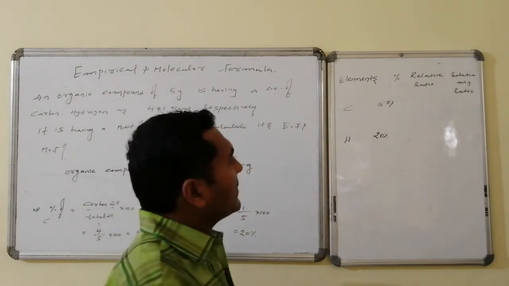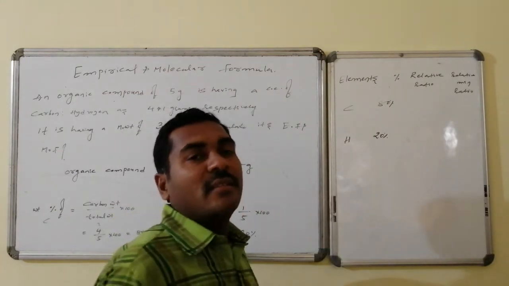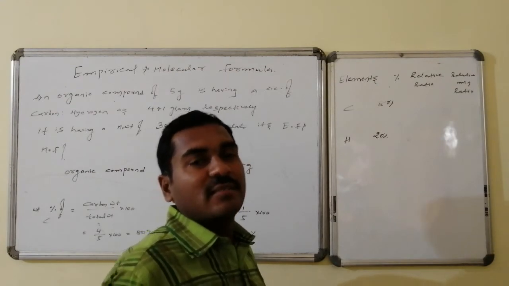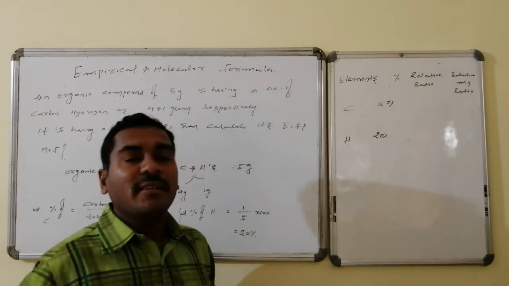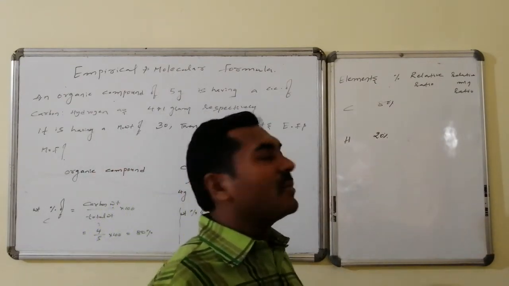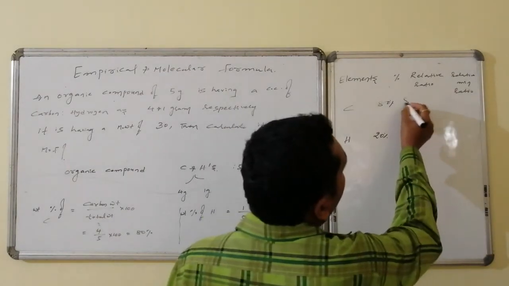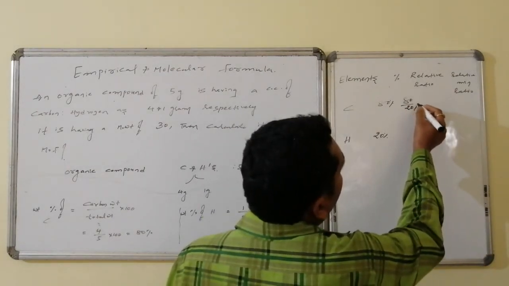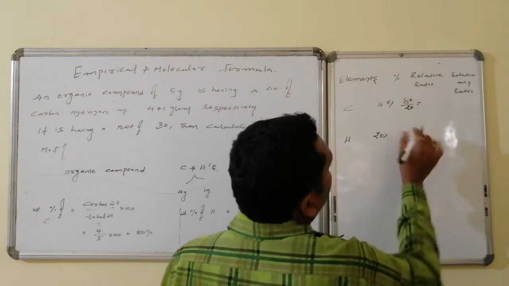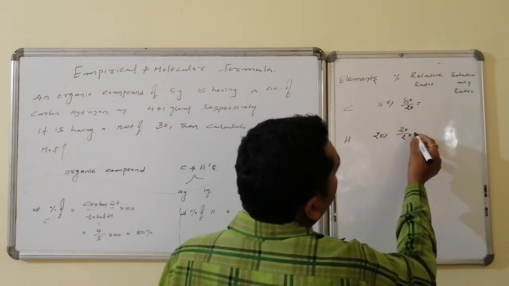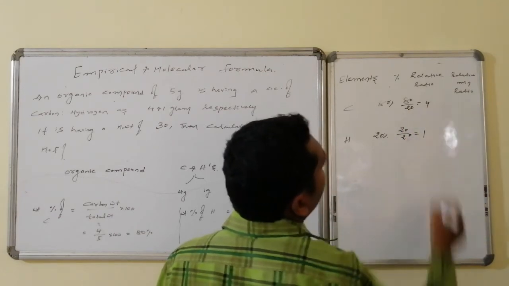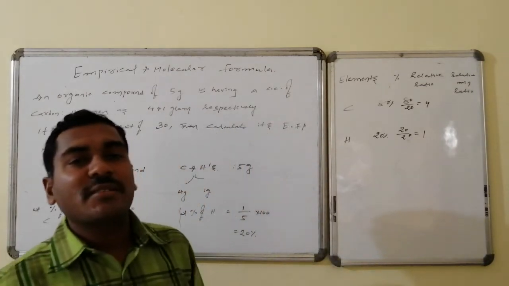For the relative ratio, that is the weight percentage of one by the weight percentage of the other, generally we divide all values by the minimum one. So therefore 80 by 20, and in the second case 20 by 20. This is 1 and this is 4, the relative weights ratios.